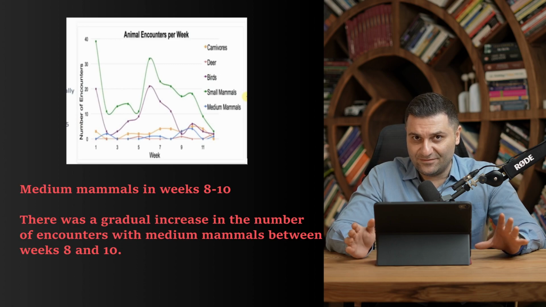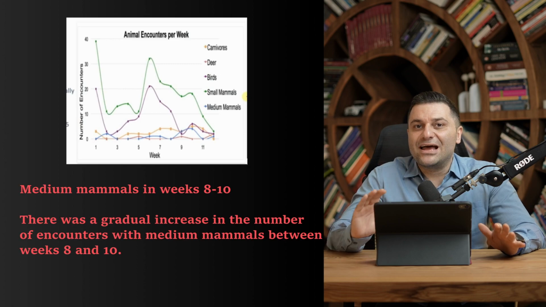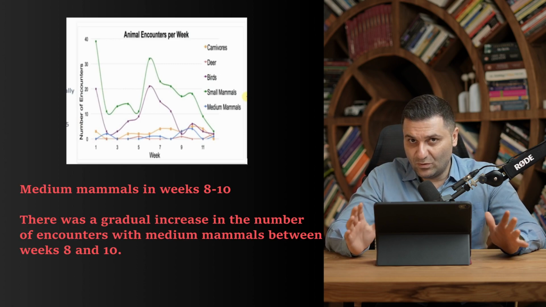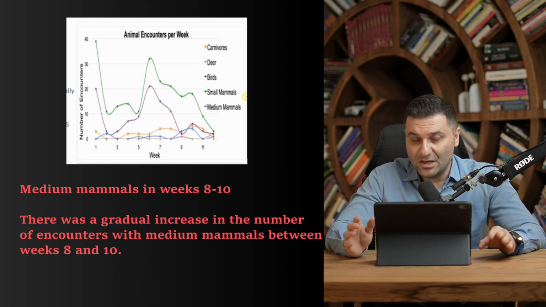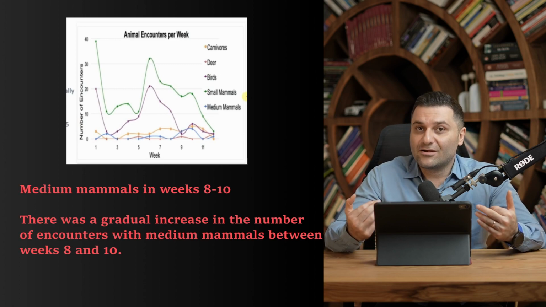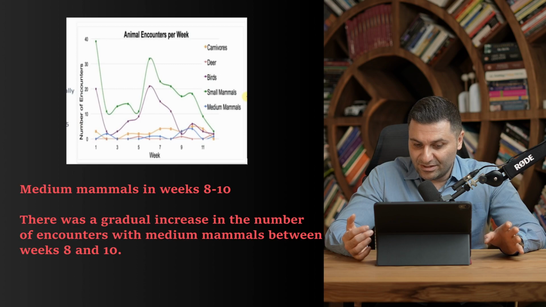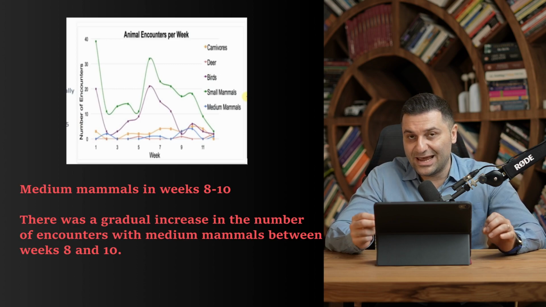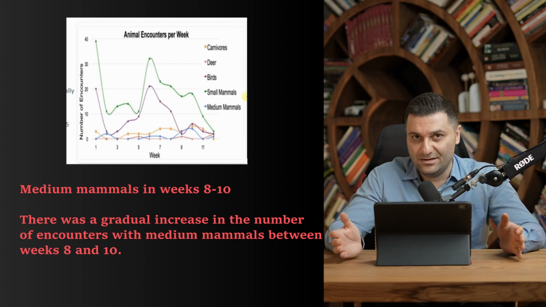That was not very large, so we can say that was gradual. So what sentence can we make out of this? There was a gradual increase in the number of encounters with medium mammals between weeks 8 and 10.